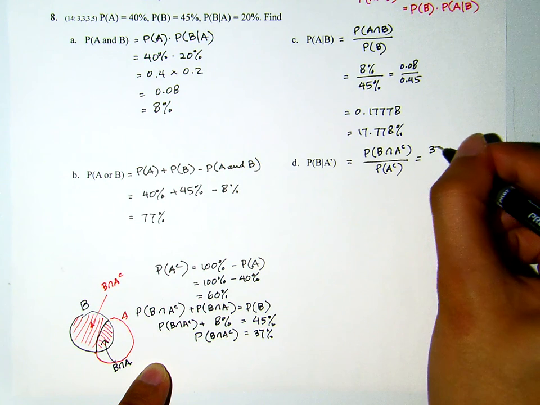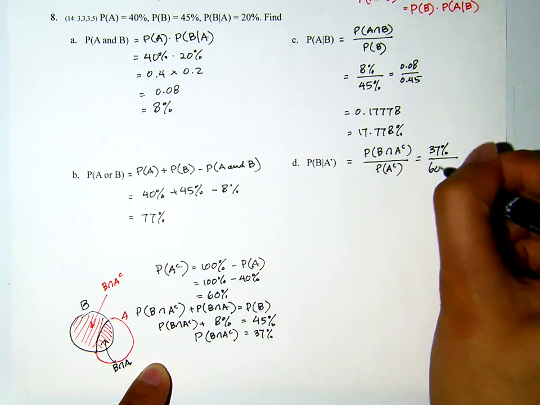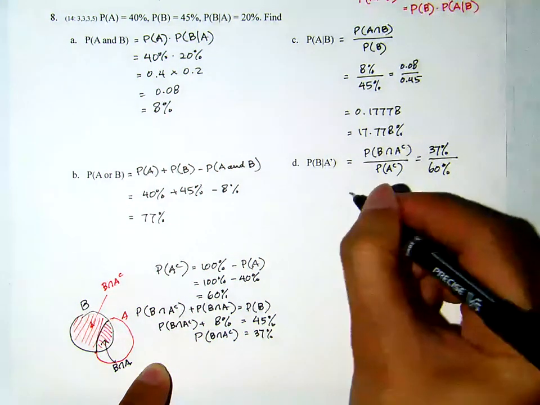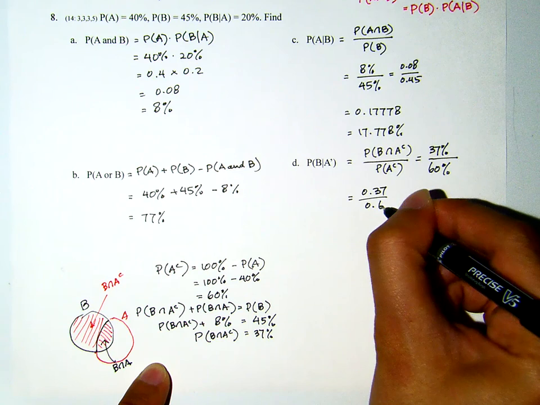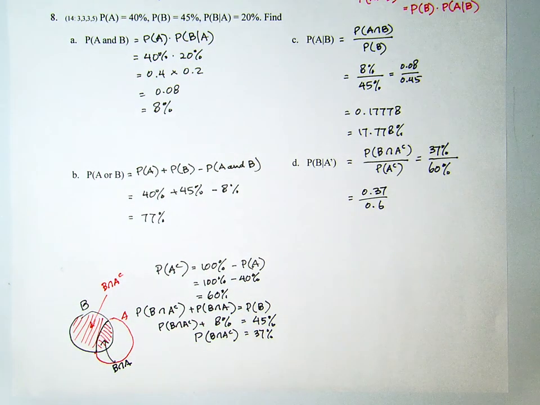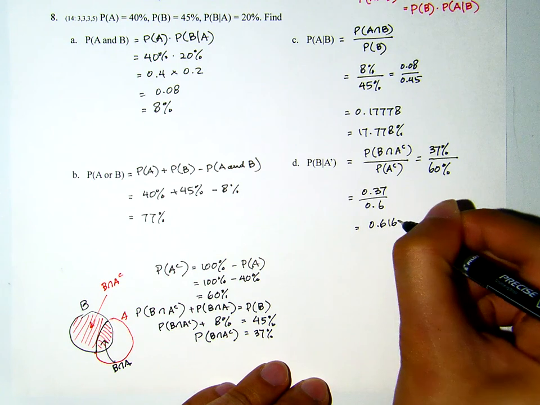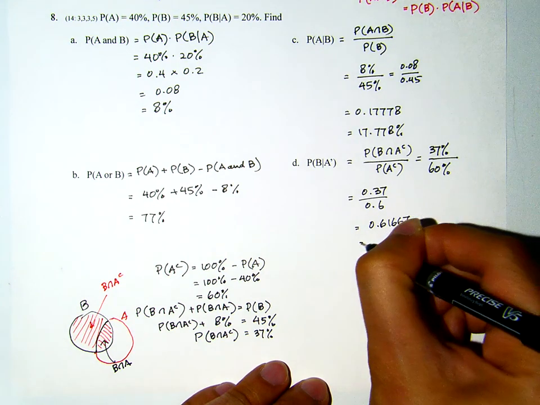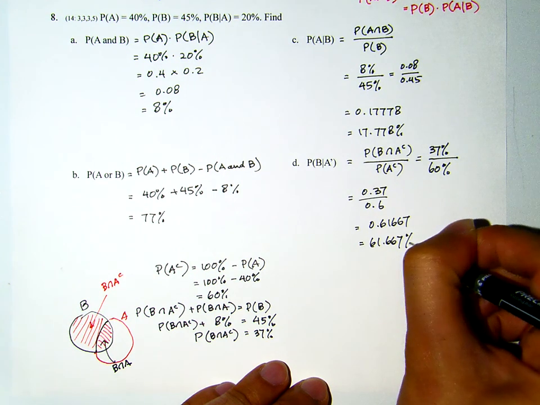That's 37% on the top over 60%, right? And decimal 0.37 over 0.6. If I use a calculator, I will get 0.61667, or it is 61.667%.